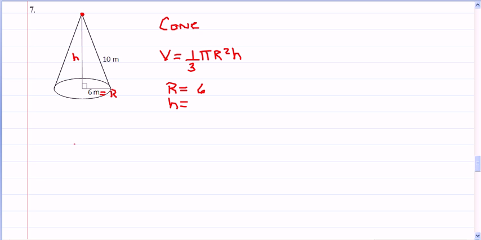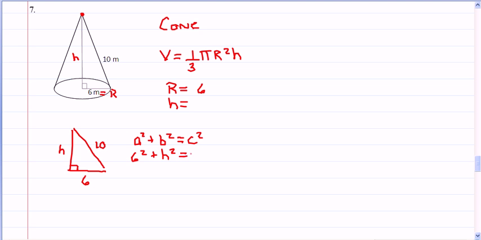But what we do have is a right triangle. So once again, I'm going to use the Pythagorean theorem to find my height. So I have a hypotenuse of 10, and one of my sides is equal to 6. So writing the Pythagorean theorem, a squared plus b squared equals c squared. I have 6 squared plus h squared equals 10 squared.